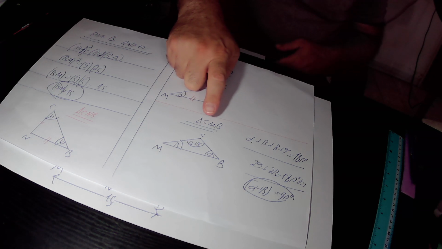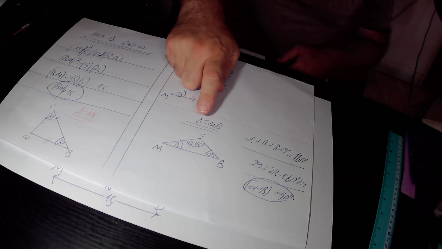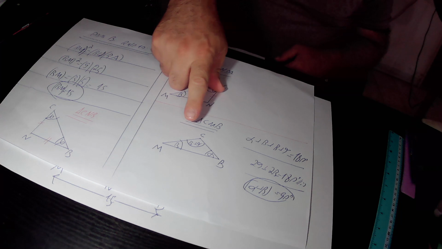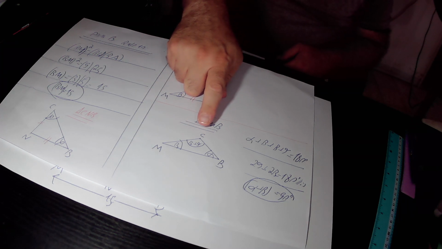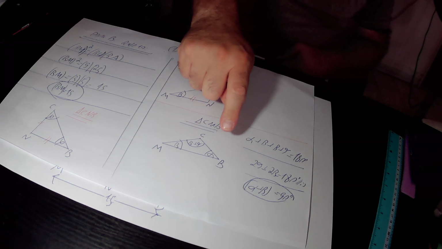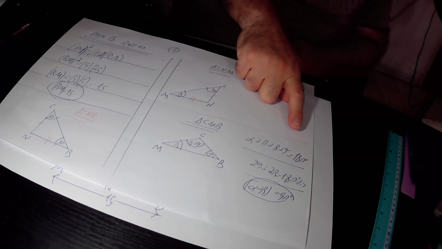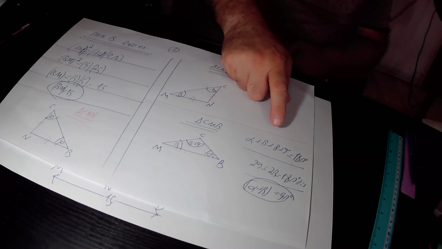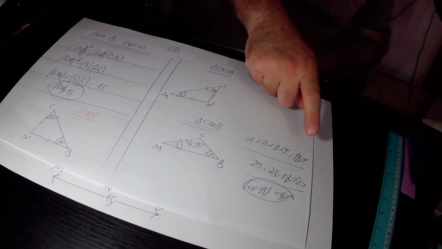Which angles do we have in this triangle? We have this angle that is alpha, plus this angle that is beta, plus this angle that is beta, plus alpha. In total, the sum of those angles must equal 180 degrees. So on this side of the equation we have alpha plus alpha, this is 2 alpha, beta plus beta, this is 2 beta. So in total 2 alpha plus 2 beta equals 180 degrees.